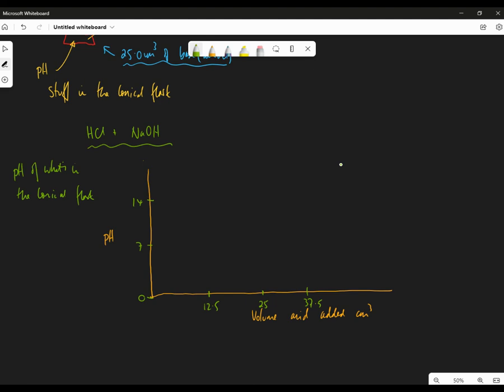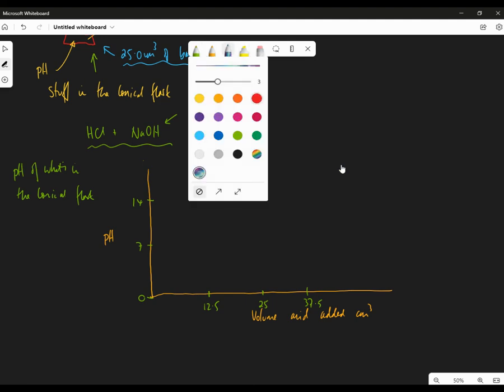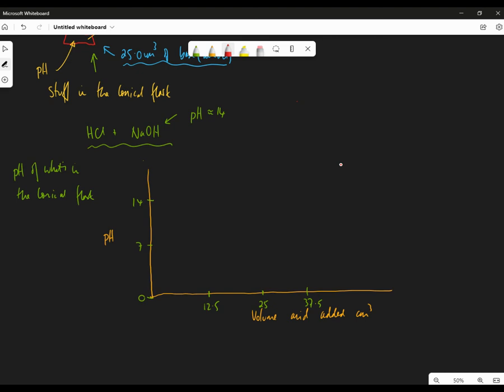All right, so this is the volume of acid added on the bottom and the pH on the side. Okay, so we're measuring what's in the flask. And if you remember up here, what's in the flask is the alkali. So since it's a strong alkali, the starting pH is going to be around 14. So it's going to start, let me use a nice red pen for this, up here, as I've got strong alkali.